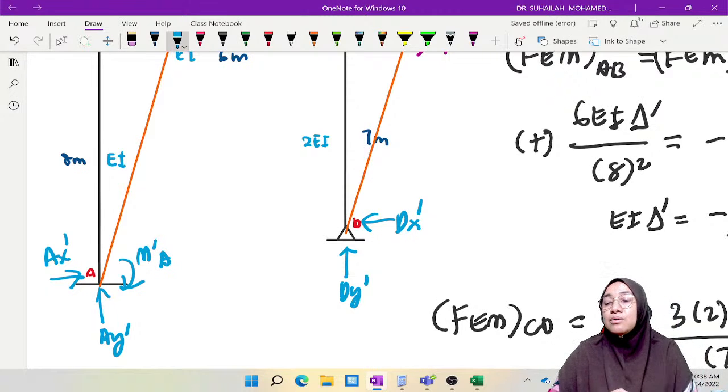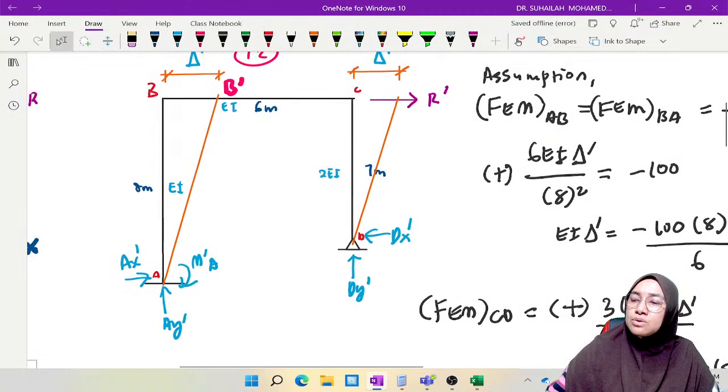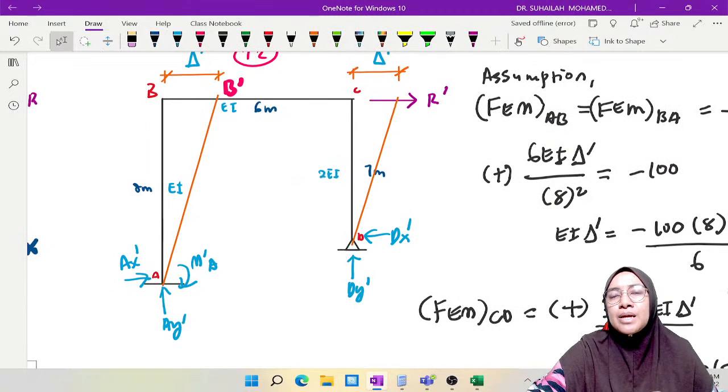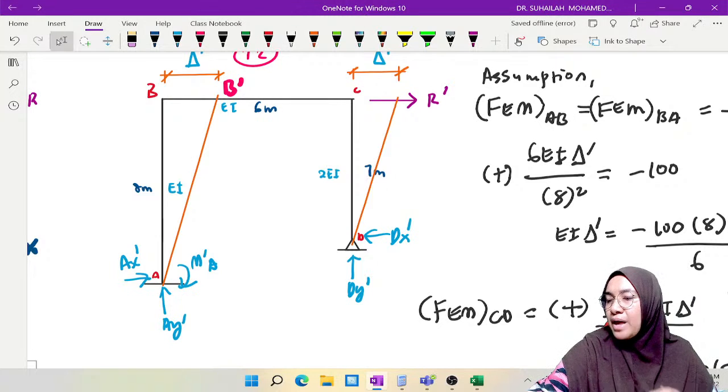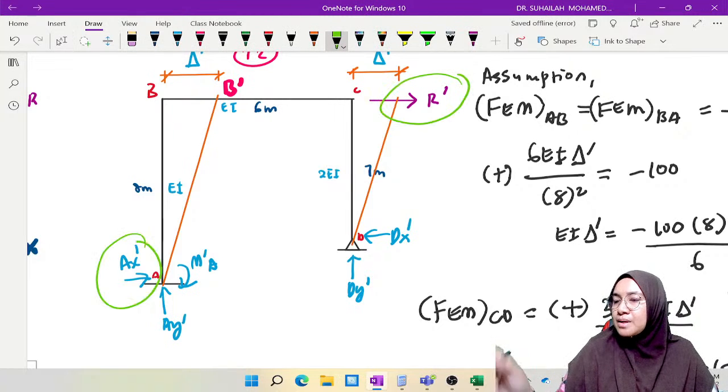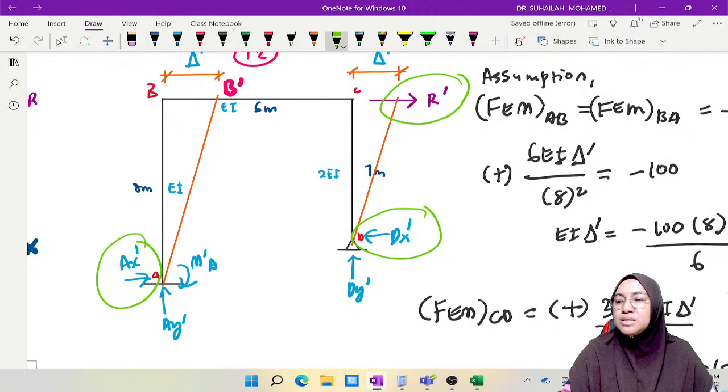And this is M prime AB. So we have to write the shear equation to relate all horizontal forces, including the horizontal reaction, in this diagram. The horizontal forces here are R prime, AX prime, and DX prime. We use total Fx equal to 0, the same process we did previously when calculating the R value.